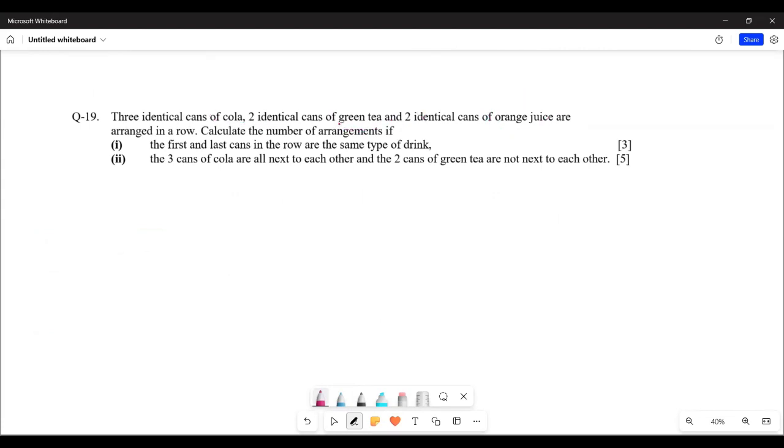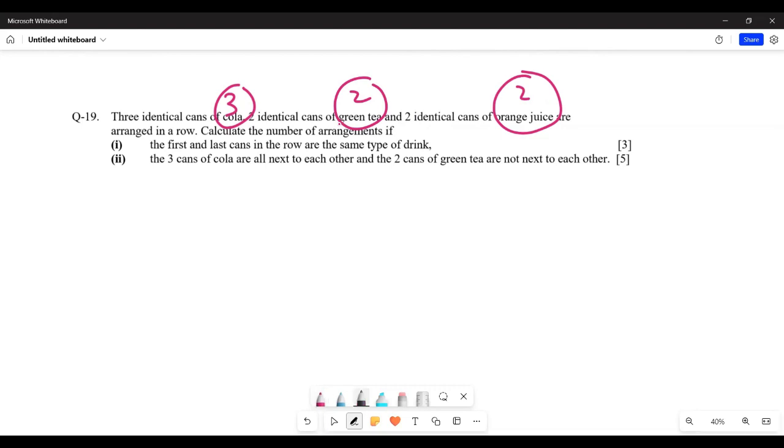Okay, no, there were 3 colas. So 3 colas, 2 green teas, and 2 orange juice are arranged in a row. Calculate the number of arrangements if the first and the last cans in the row are the same type of drink. Okay, so 7 of these beverages have to be arranged in a row.